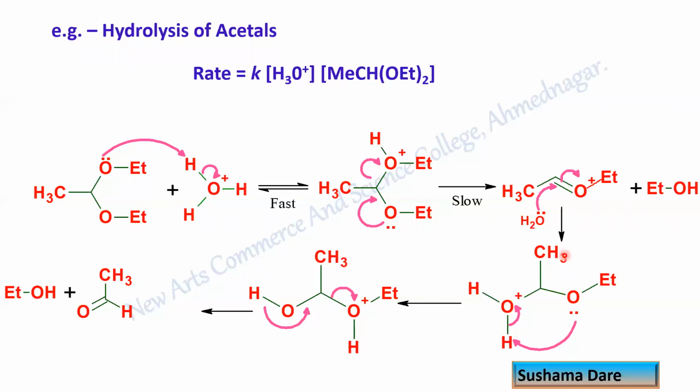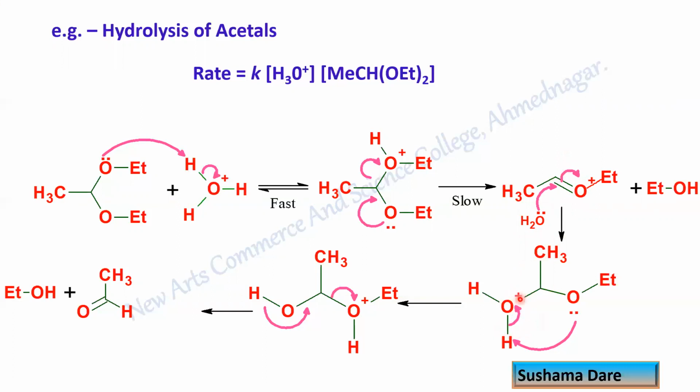Now what is the next one? The solvent again attacks this carbon, so that this bond breaks and it neutralizes the charge on the oxygen atom. After donation of electron density of the oxygen of the water molecule, that oxygen has a positive charge here.